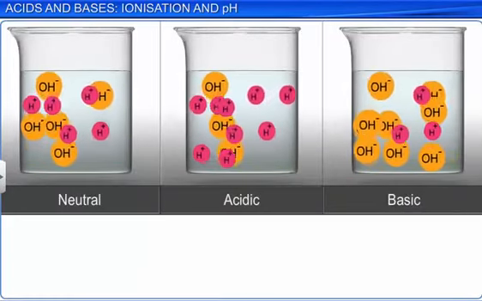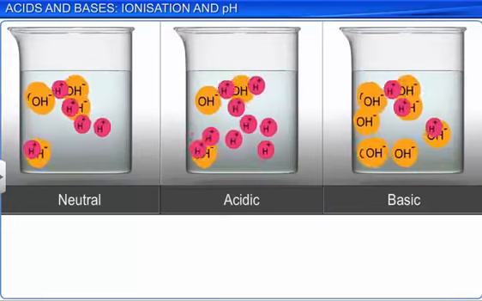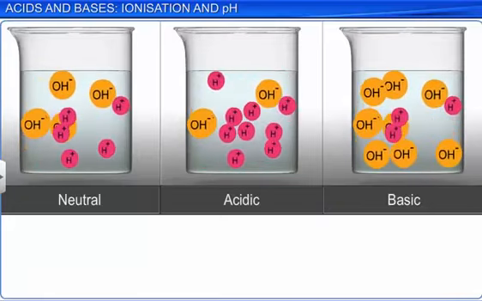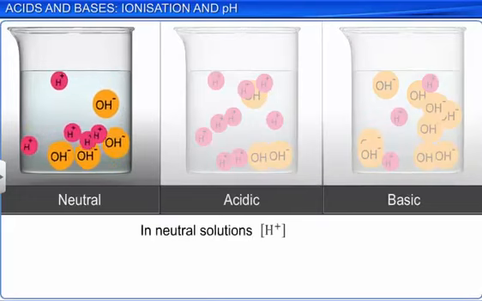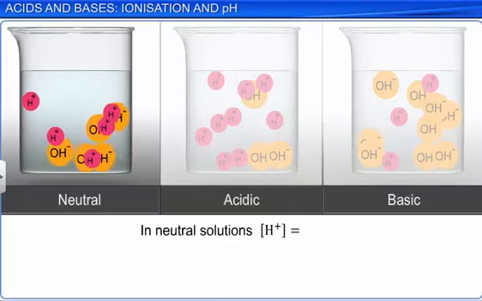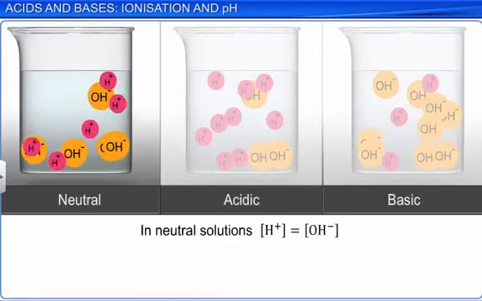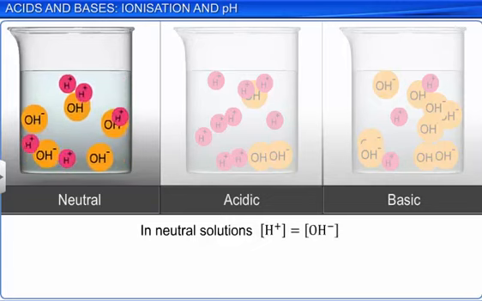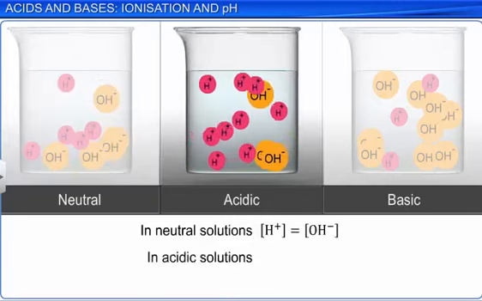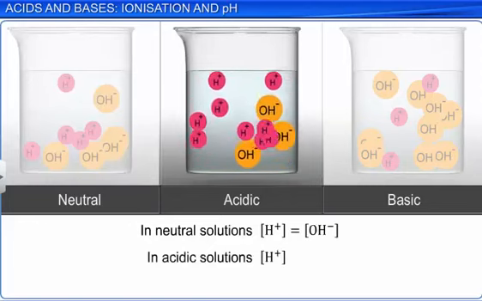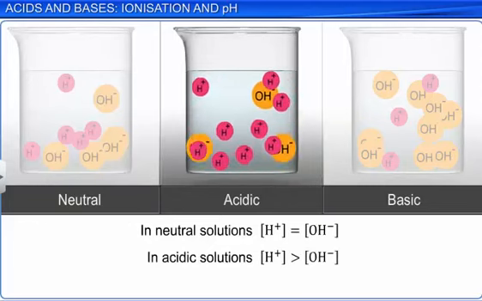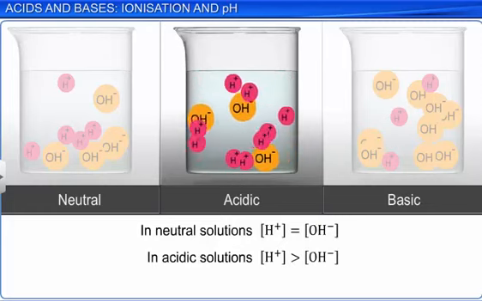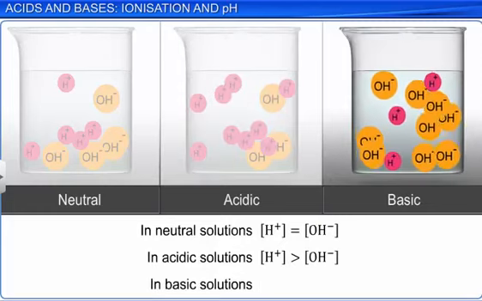In neutral solutions, the concentration of H+ ions is equal to the concentration of OH- ions. In acidic solutions, the concentration of H+ ions is greater than the concentration of OH- ions, while in basic solutions, the concentration of H+ ions is less than that of OH- ions.